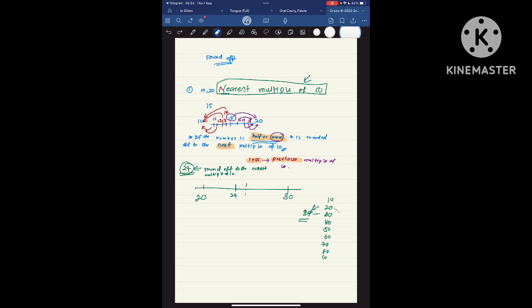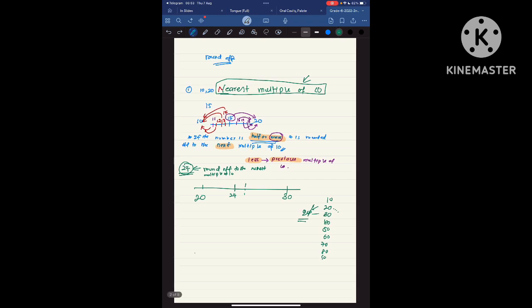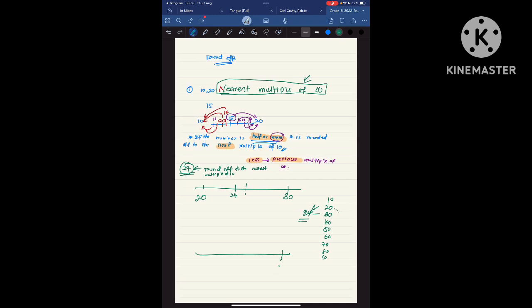If the number is rounded off to the nearest 10, it is 60.